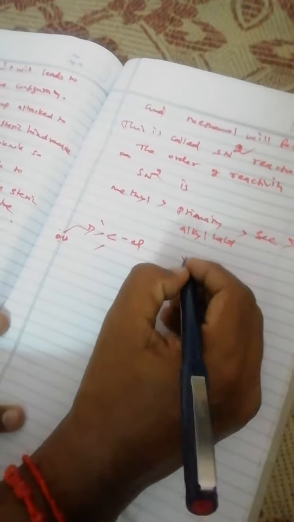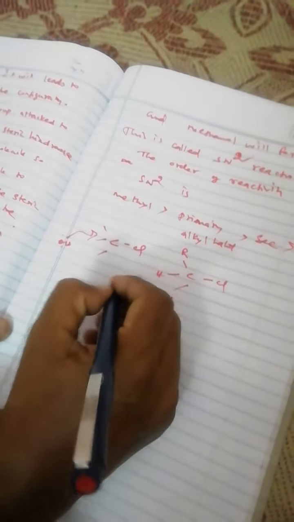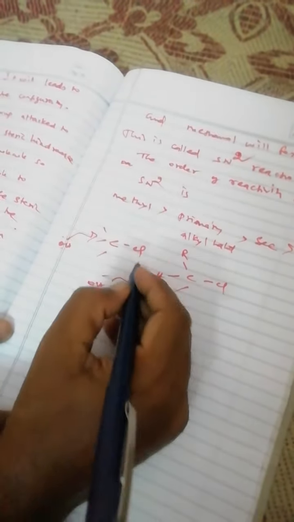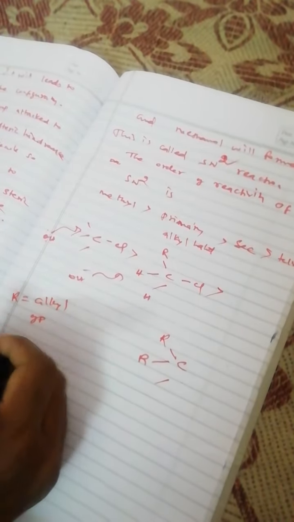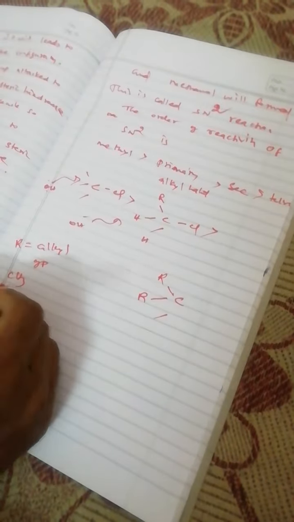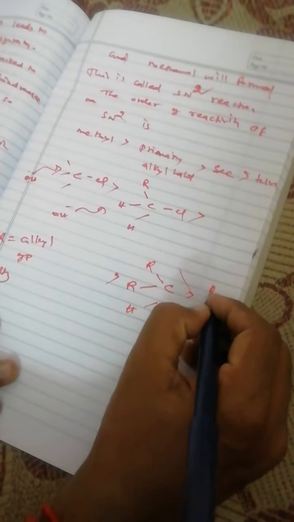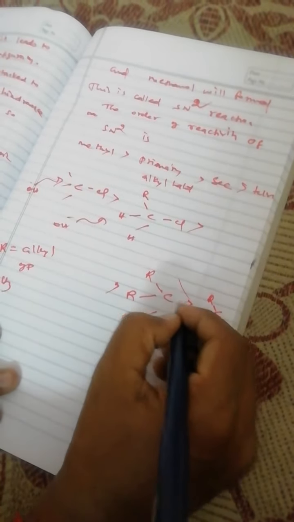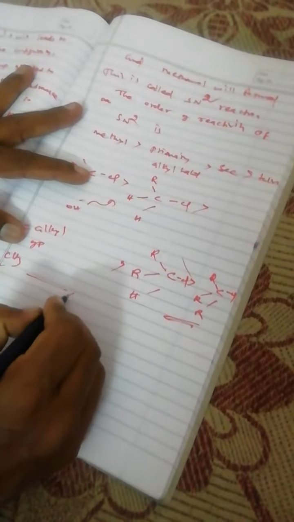Then in this one an alkyl group is added. OH group attack is a little bit less, so this will be greater than this and this one. R may be a methyl group or ethyl group, or any other alkyl group. This is the order of reactivity.